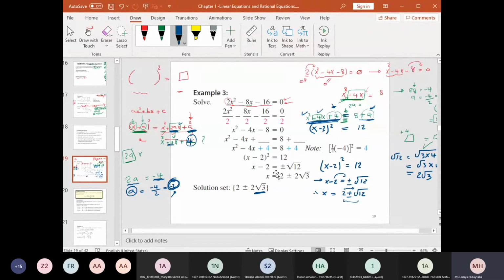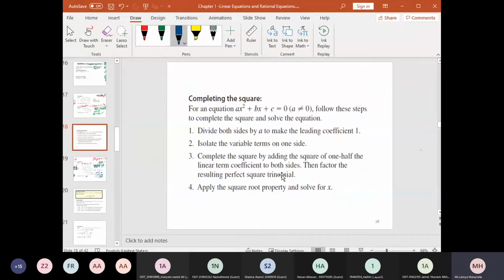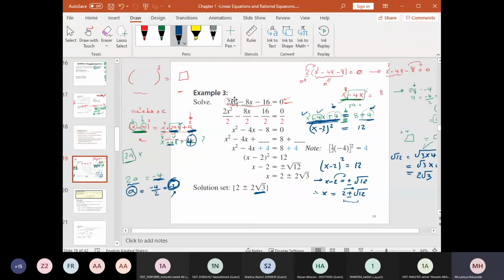I try to make it like the one before, to have a full square bracket equal to a number. Okay, so we will add the 4 to complete the bracket. Yes, exactly. Let's see again: first divide the equation by 2, and the equation looks like this. First we take this 8 to the other side. Now it is like this.